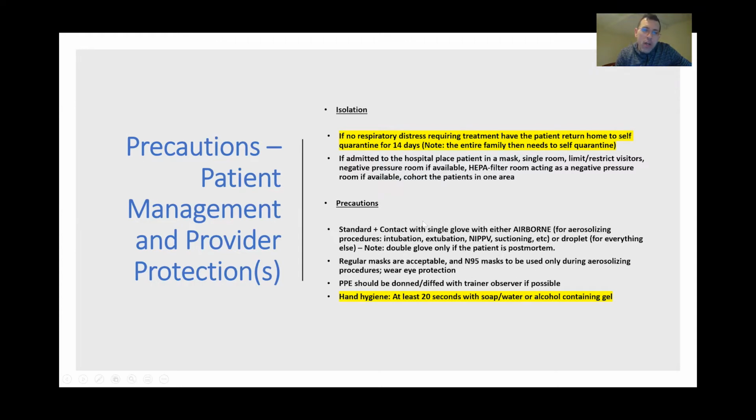And down here, the only thing maybe that I'll really concentrate on is the use of N95 mask or PAPRs during aerosolizing procedures, such as intubation or bronchoscopy. Otherwise, it appears that just wearing a regular face mask is acceptable, again, outside of those aerosolizing procedures.